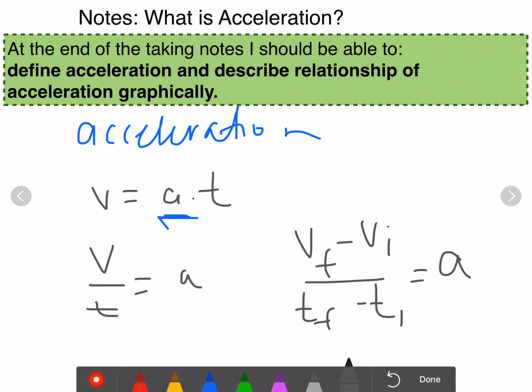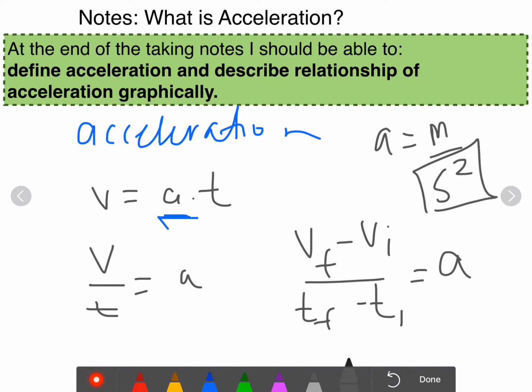Also, because velocity is distance over time, we end up using meters per second. I bring this up because the unit for acceleration is meters per second squared.